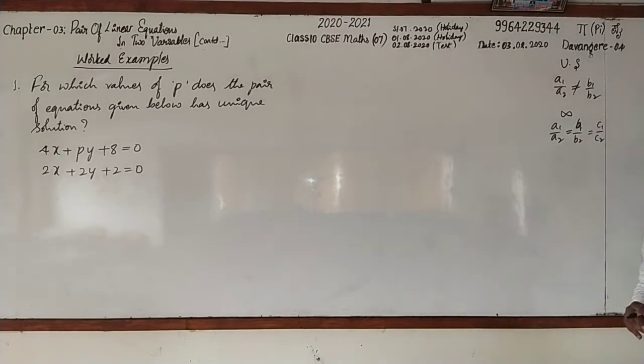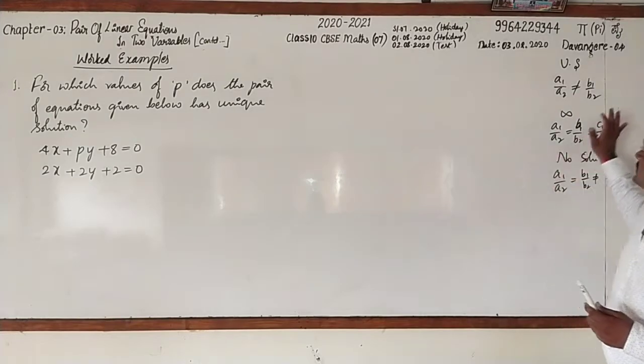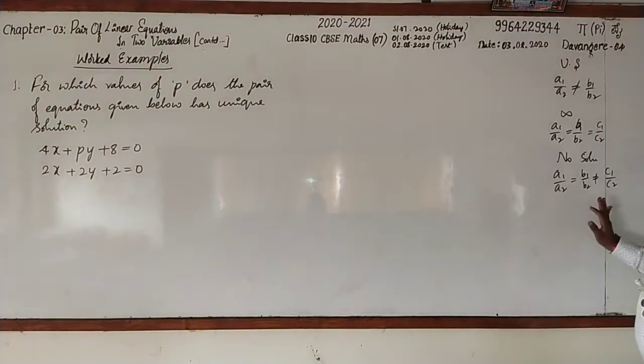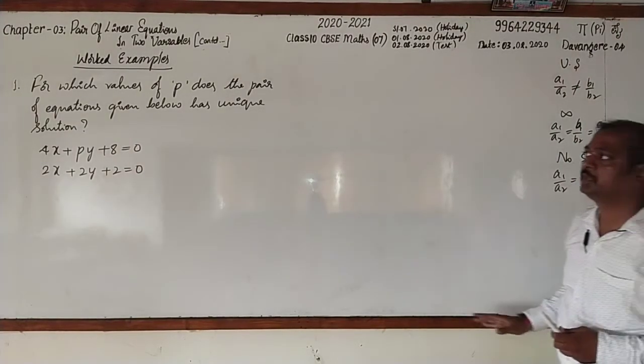And the third one is no solution. For no solution, a1 by a2 is equal to b1 by b2 but not equal to c1 by c2. Right? Please recall these three types of solutions with the conditions.